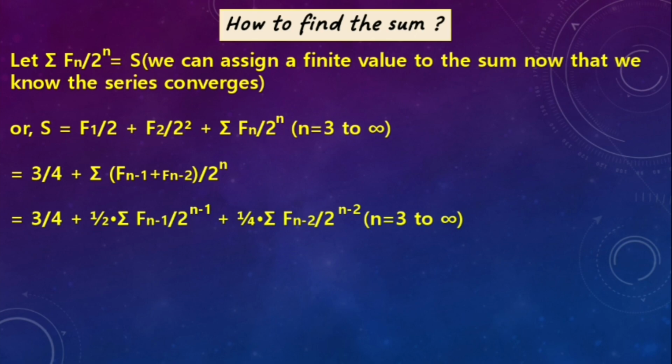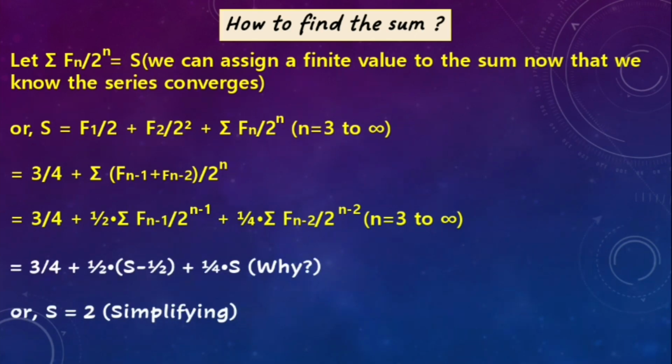So that becomes half into summation Fn minus 1 upon 2 to the power n minus 1. And similarly, the second term also. So that becomes plus 1 by 4 into summation Fn minus 2 upon 2 to the power n minus 2. The limit remains the same, from 3 to infinity. Now, the next step is crucial, but it's also not that hard.